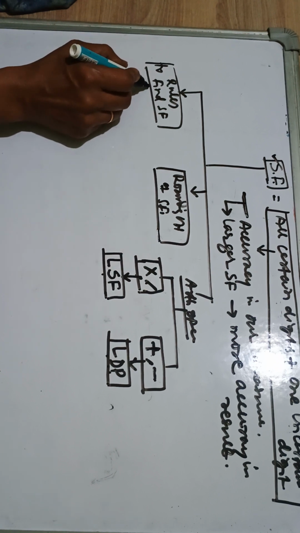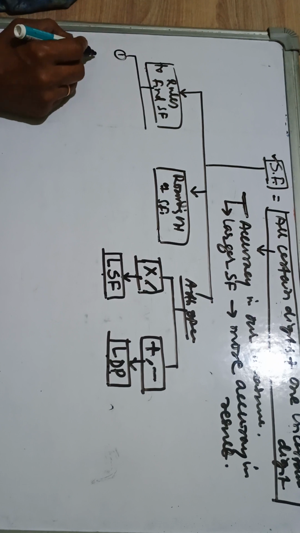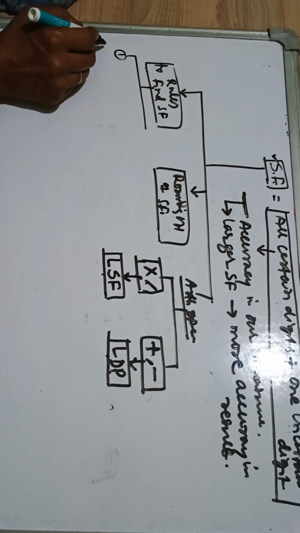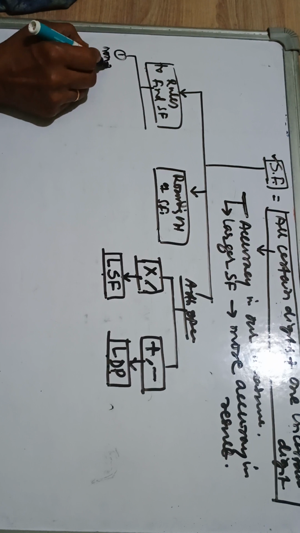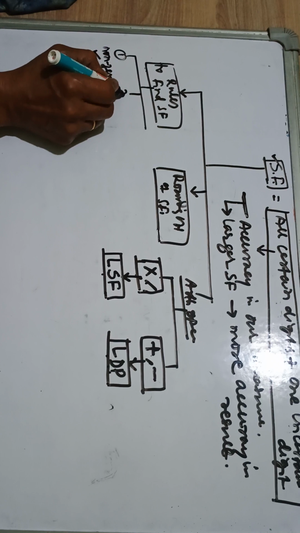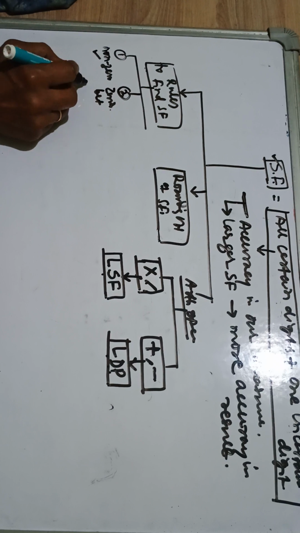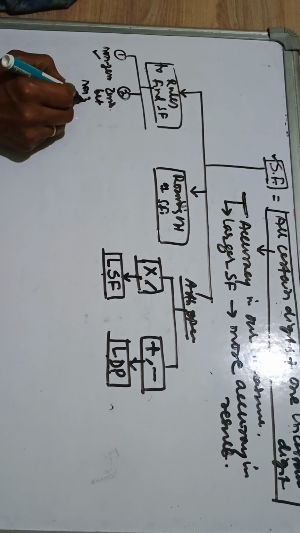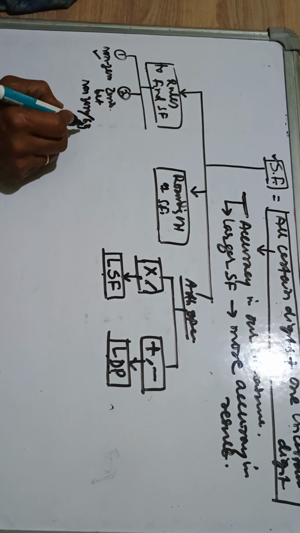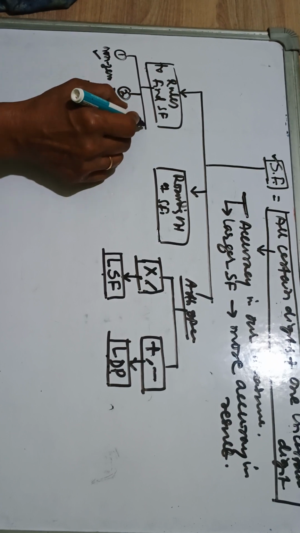Then in rules we had rule 1. Rule 1 says all non-zeros are significant. Rule 2 says zeros between non-zeros or significant digits are significant.